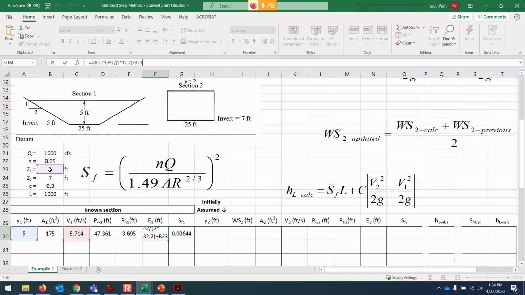So Z1, Y1, and the velocity head. And I guess while I'm looking at it, I should probably anchor the reference up there to the Z1, since that's up in the header. And then finally, the formula for the slope of the energy grade line, I've just typed in this formula, Manning's equation, so you can see that there.